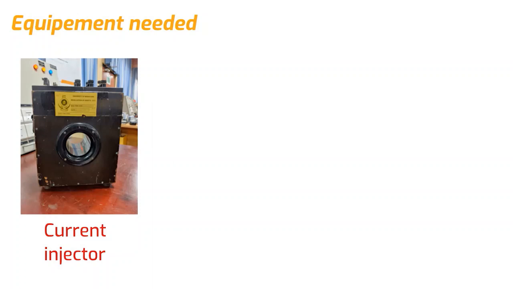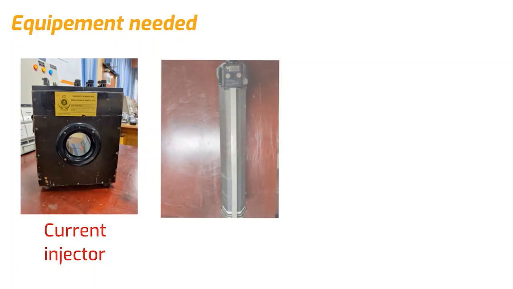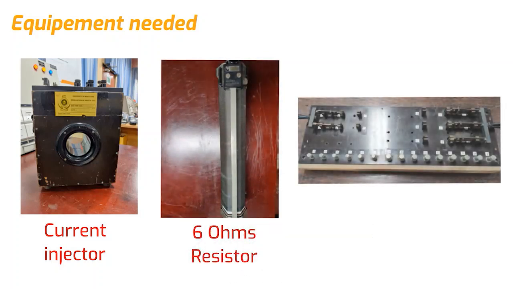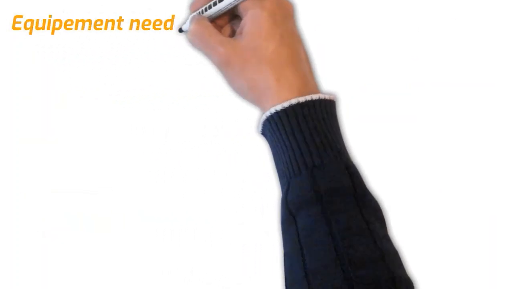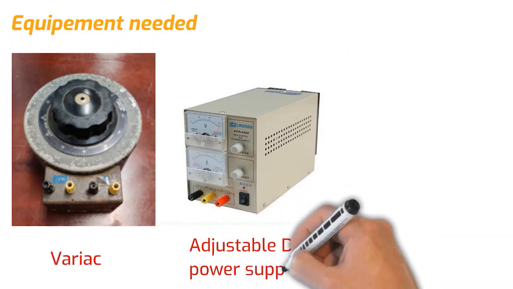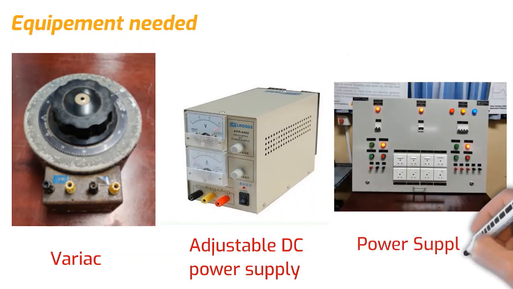We can go up to 100 amperes of current by using this. Then we need a 6 ohm resistor and a switch. We use this type of switch since we have to deal with high currents, around 50 amperes. Finally, we need a variac, an adjustable DC power supply and an AC power supply.